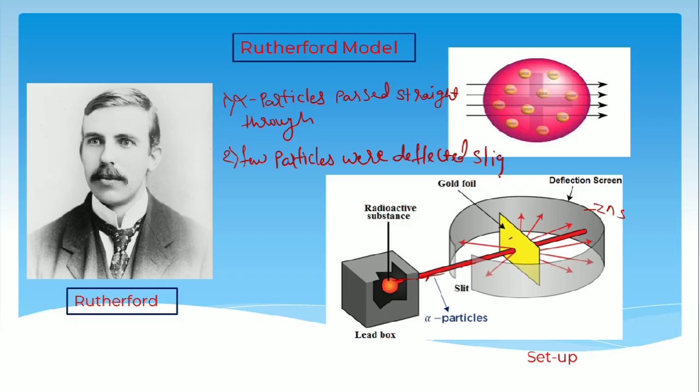We can see in the diagram, some went straight and some are deflected very slightly. What is the meaning of this? There is some positive charge inside the atom. The deflection of the particles shows that there is some positive charge inside the atom.